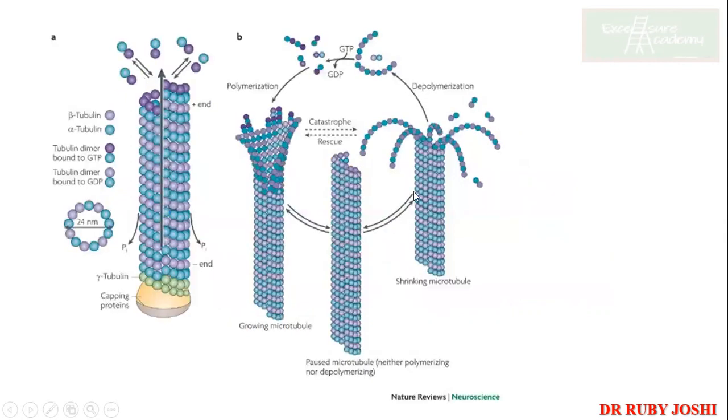Okay, this is another one. So we have here the arrangement. As you can see, there is a capping protein. Now, why is this capping protein required? Onto which your microtubules will form. So we need a certain base. Like for example, in the case of the actin filaments, we needed which protein? The base protein. Anyone who remembers?